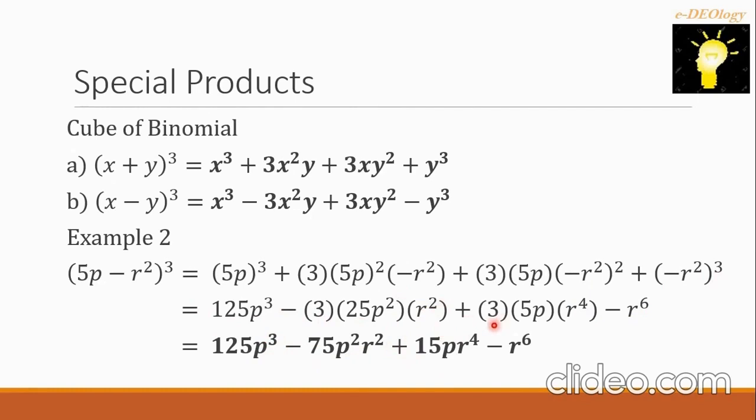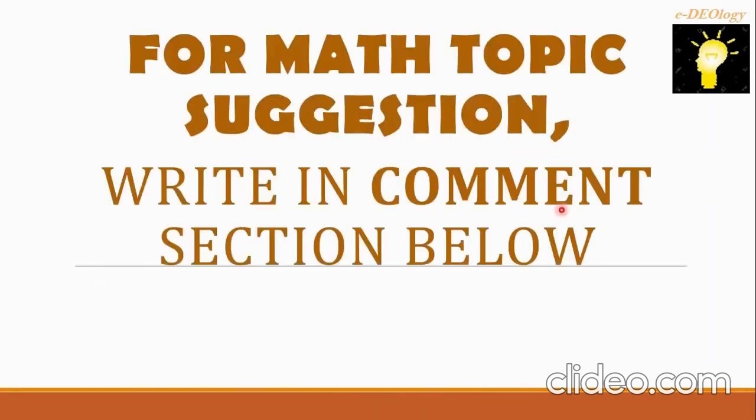Then I multiply 3 times 5p times r raised to 4. It gives this 15p r raised to 4. And the negative r raised to 6 is copied down here. So this is our final answer.